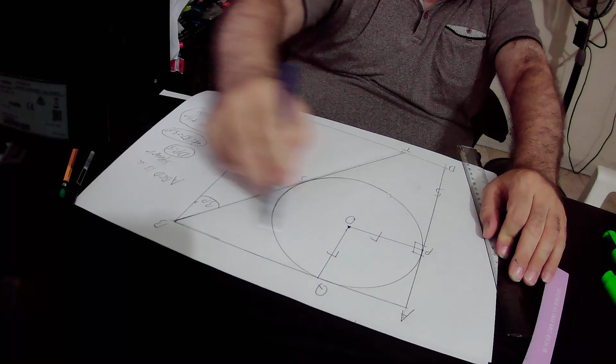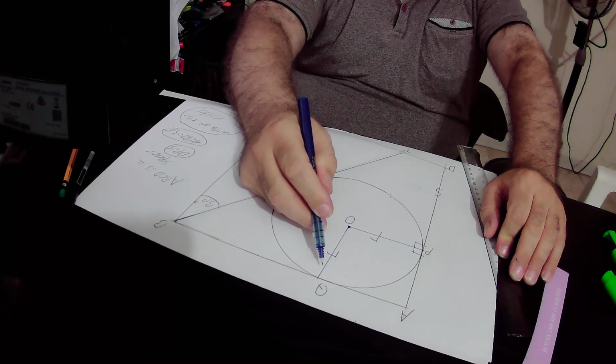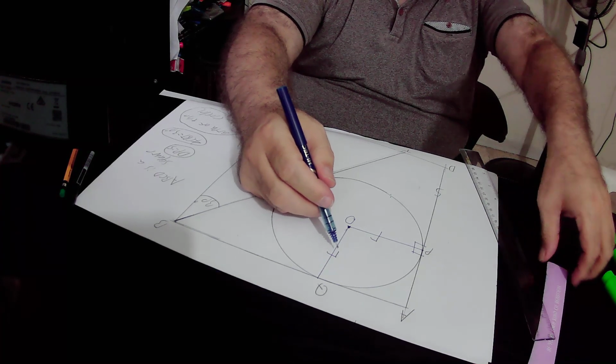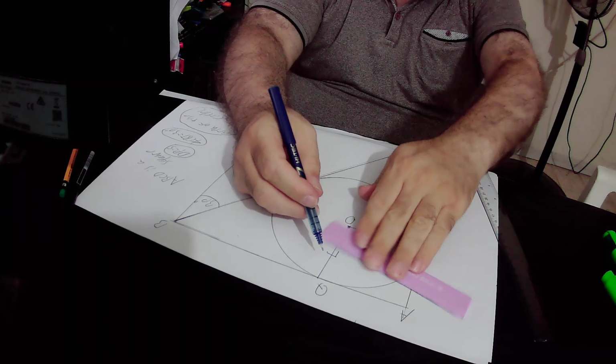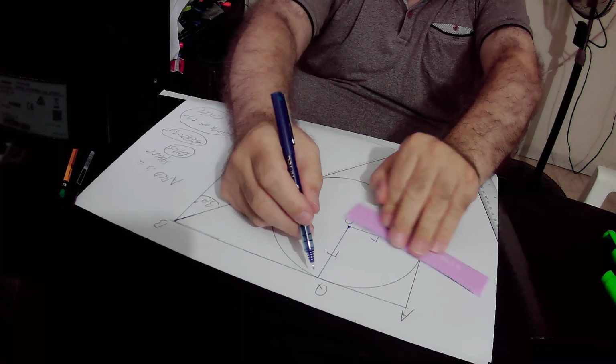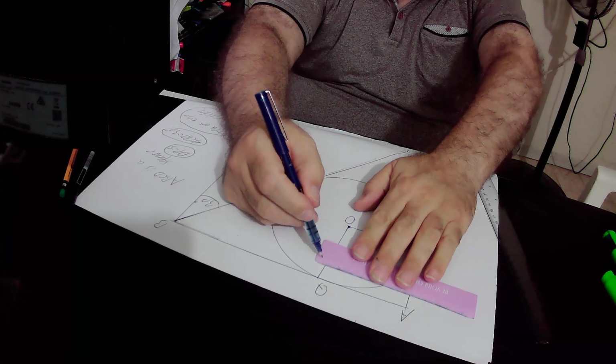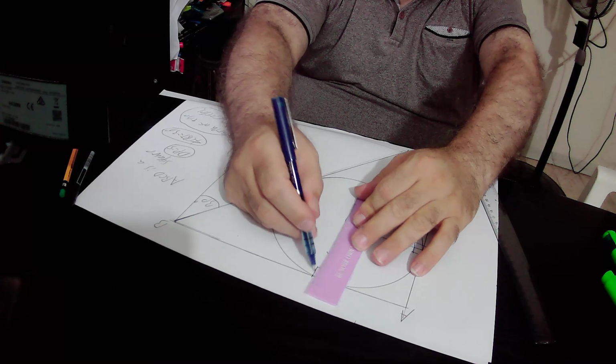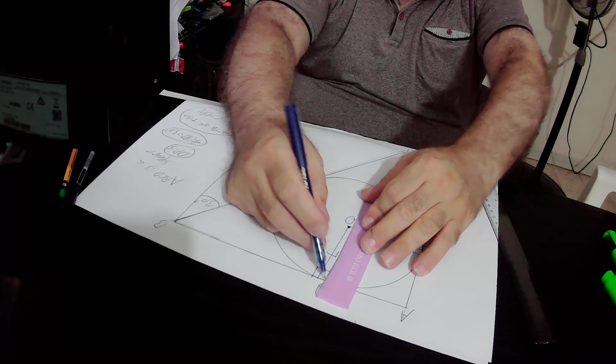Here side AB is tangent to this circle at point Q. Therefore, according to rule number 1, tangent AB will be perpendicular to radius QO, that is to say, this angle will be equal to 90 degrees, and this angle will also be equal to 90 degrees.